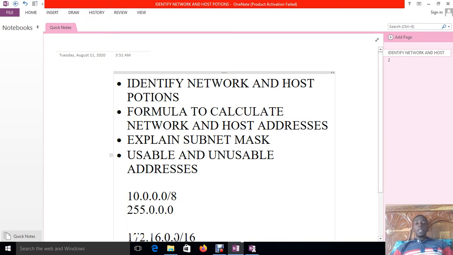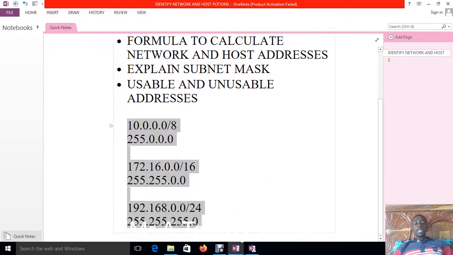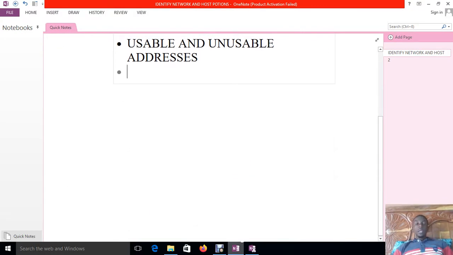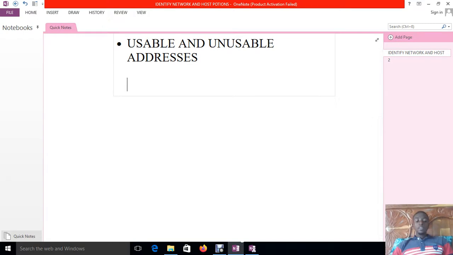Now, we are going to do a simple calculation. In every class of address that we are going to calculate, there are 4 addresses that you need to identify. What are those addresses?